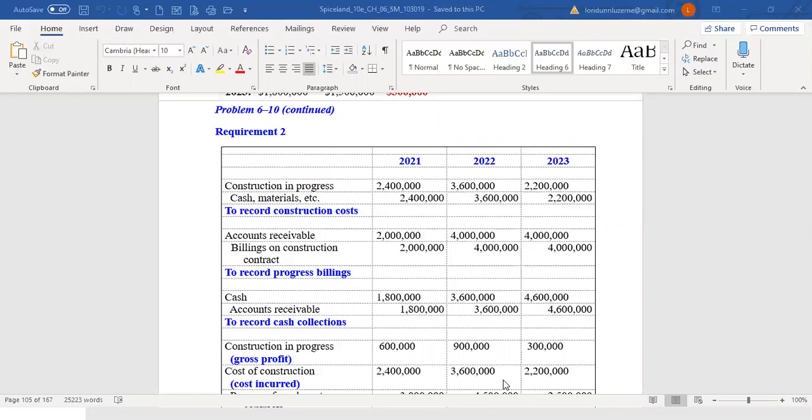You've billed all $10 million in accounts receivables and you've collected all of it. And then the final is a debit to the construction in progress for 300,000. So your construction in progress has a $10 million balance, accounts receivable 0, and billings on construction contract has a credit balance of $10 million.